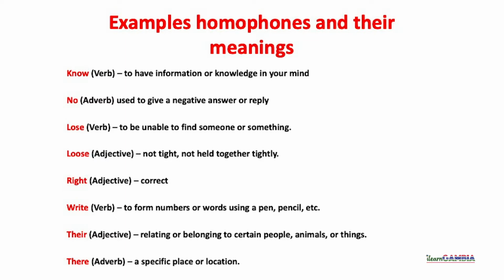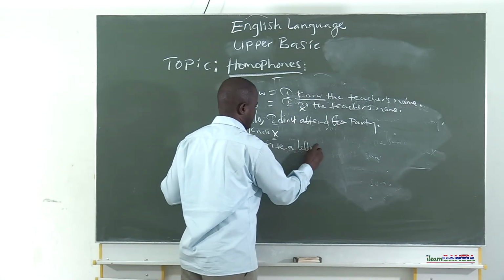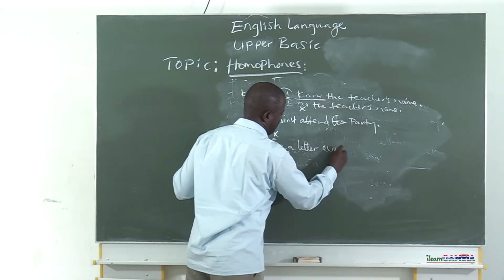So we look at the other one, right, which is an adjective, R-I-G-H-T, meaning something correct, and the other one, W-R-I-T-E, which is a verb, which means to write something. For example, you do this, I write a letter every day.